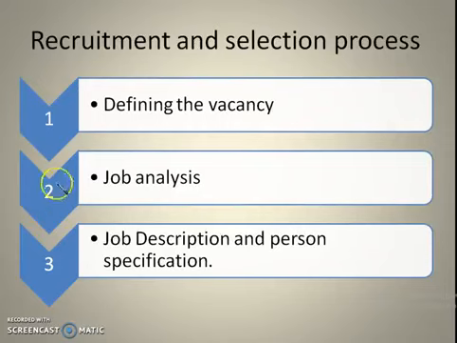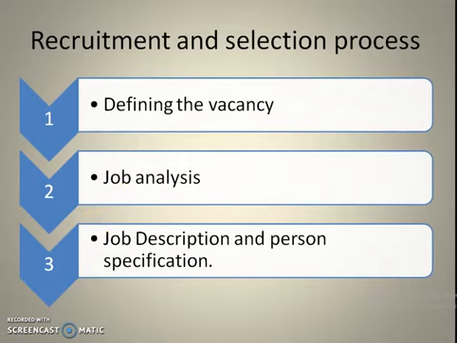And the second step, which is a very important step, is where the position which is vacant has to be analyzed. Job analysis is defined as the process of identifying the roles and responsibilities in that particular vacancy or position. Once we come to know what is there in the job, we're going to create two important documents.